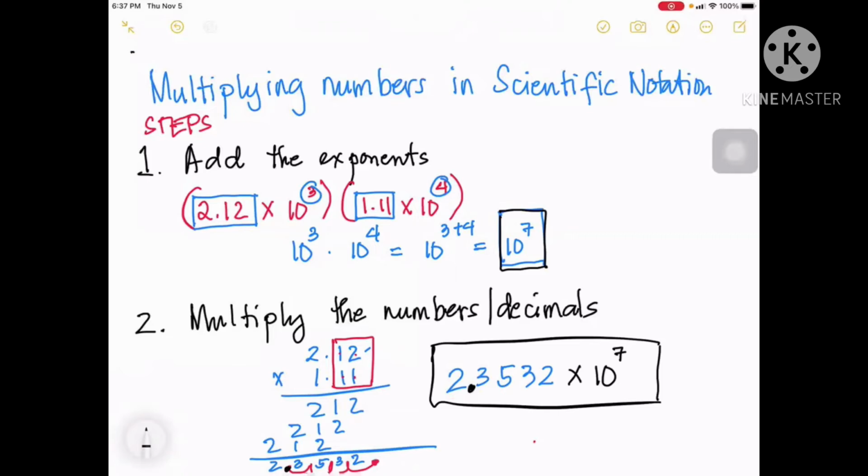Okay, next. So what if I have, this is another example, 6.32 times 10 to the 8th power, times 3.21 times 10 to the third power.